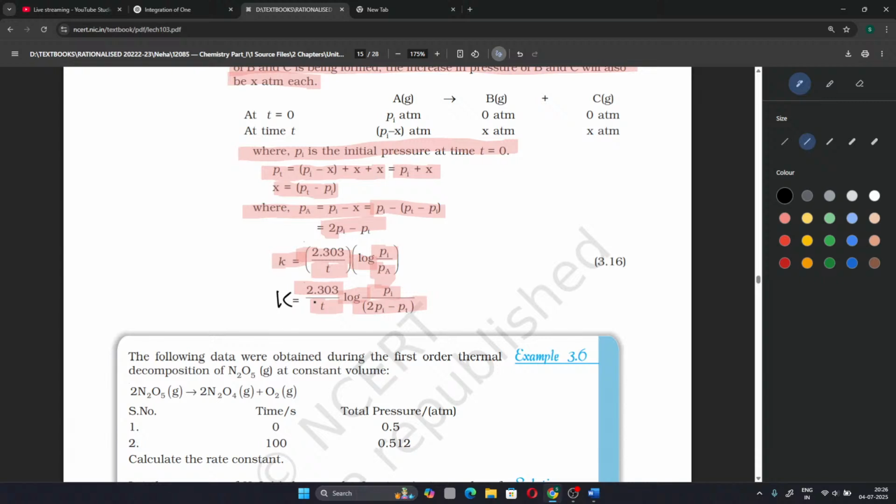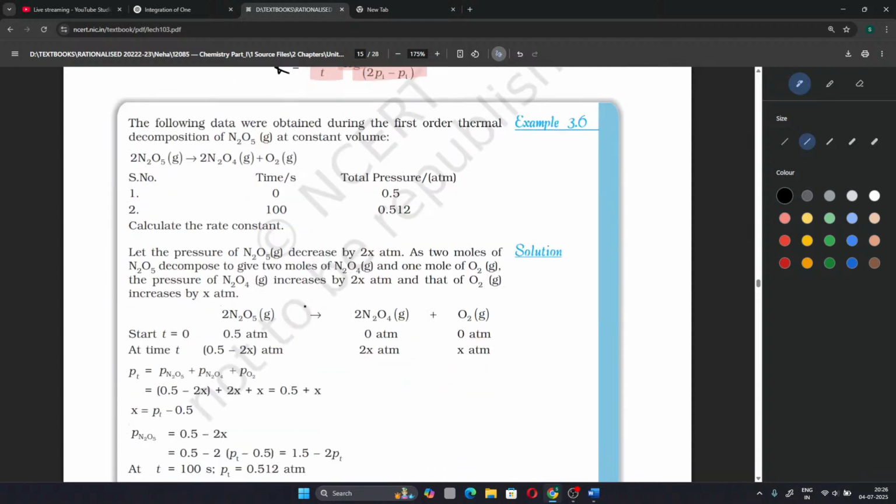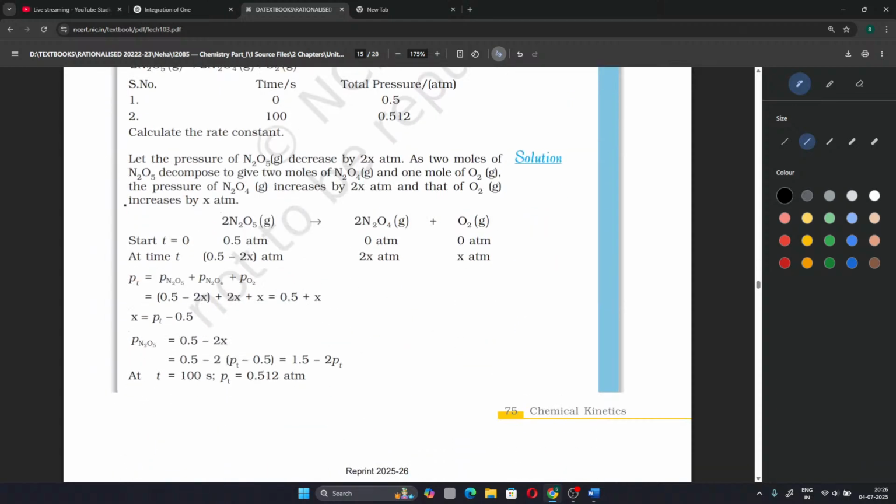Let the pressure of N2O5 decrease by 2x atm, as 2 moles of N2O5 decompose to give 2 moles of N2O4 and 1 mole of oxygen. The pressure of N2O4 increases by 2x atm and that of oxygen increases by x atm.